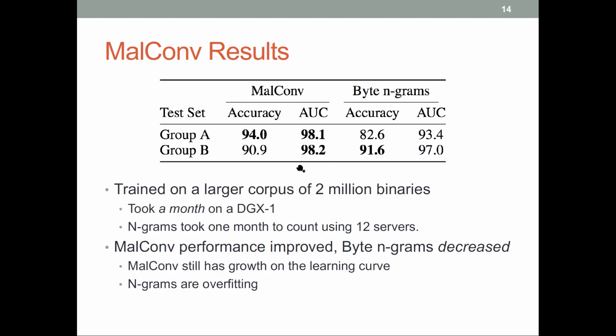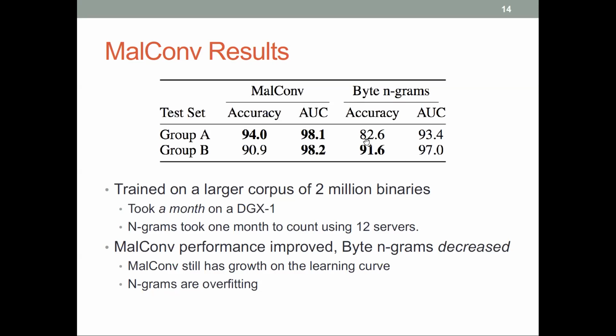It has a lot more confidence than the n-grams model. And it also shows that MalConv still has growth on the learning curve. So the more samples you feed it, it learns better. The accuracy increases. But the n-grams model overfits.